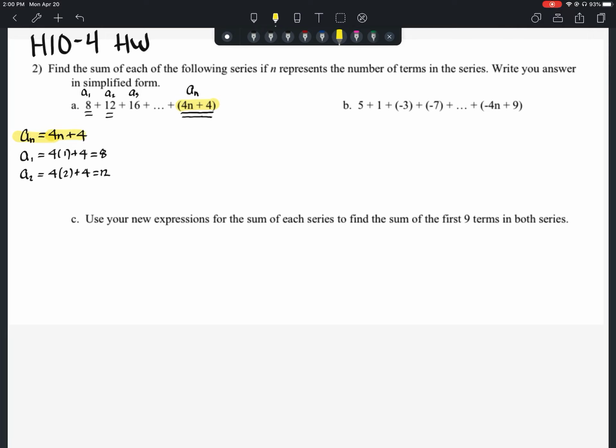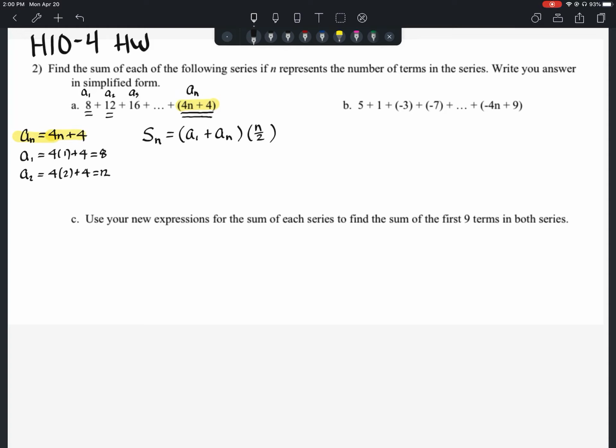Now, what are we going to do with this information? Well, we're trying to find an expression for the sum. So we're going to say the sum of n number of terms is going to equal our first term plus our nth term times half the number of terms.